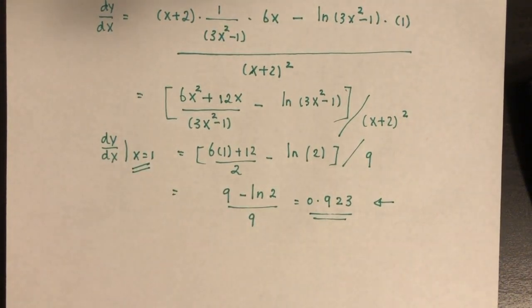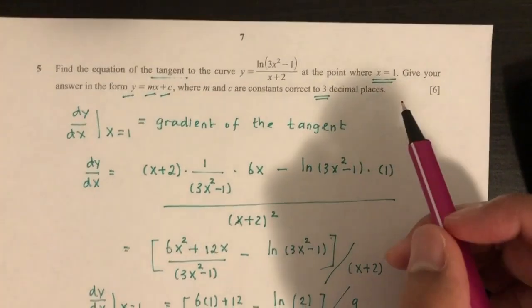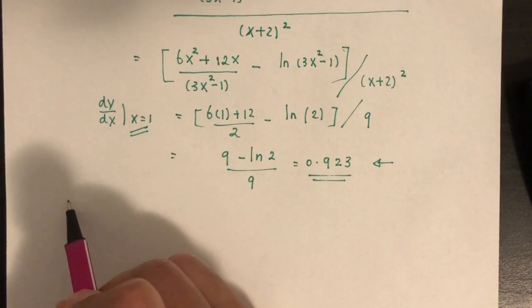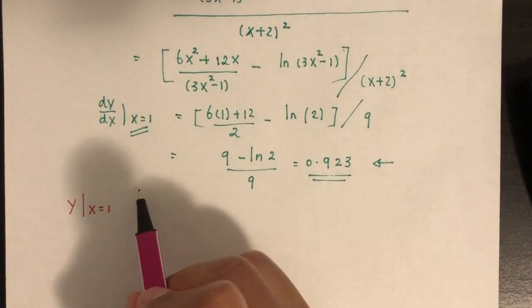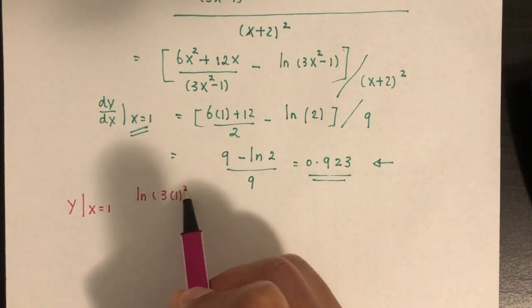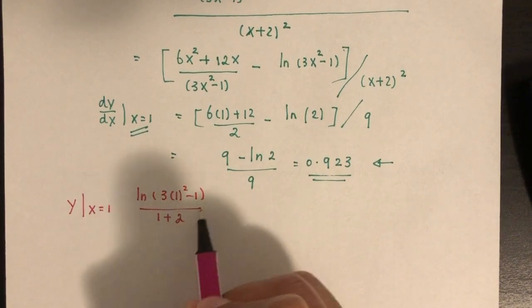So now we know x is equal to 1, we have to find the value of y. So replace x in this to find the value of y. So y at x equal to 1 will be ln of 3 times 1 squared minus 1, over 1 plus 2.